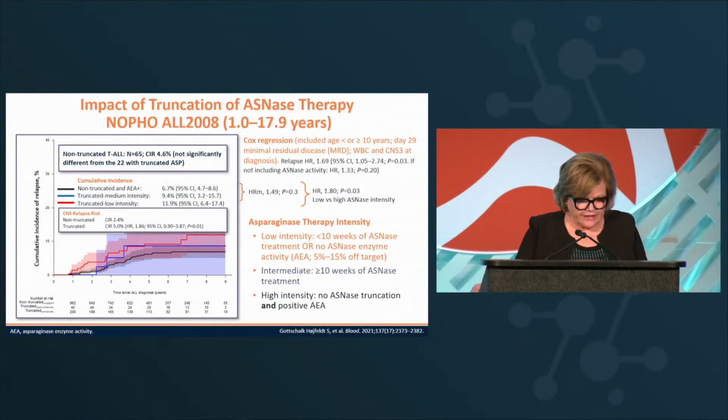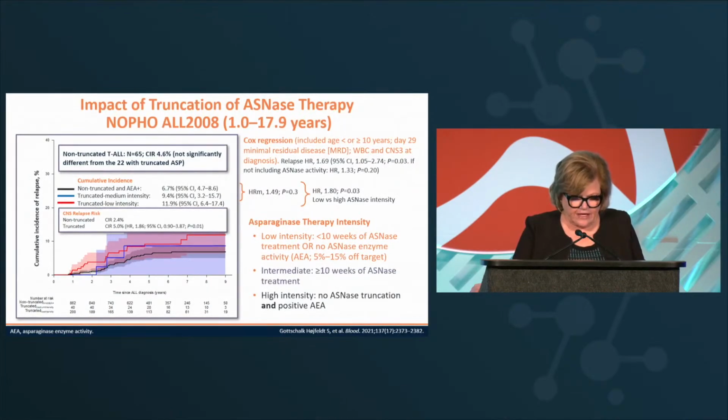Those that had truncated, or they stopped their asparaginase, with medium intensity, and medium intensity means they had 10 or more weeks of their asparaginase, their cumulative incidence of relapse was 9.4%.